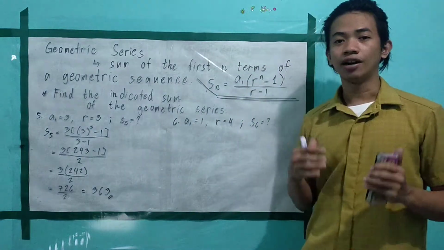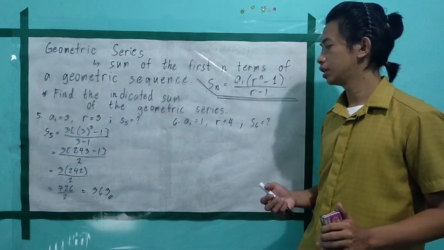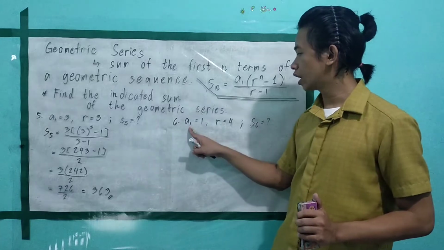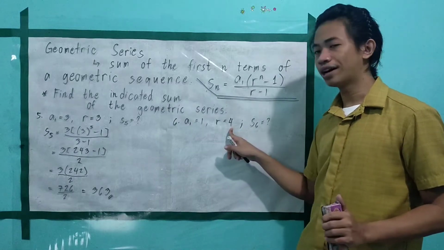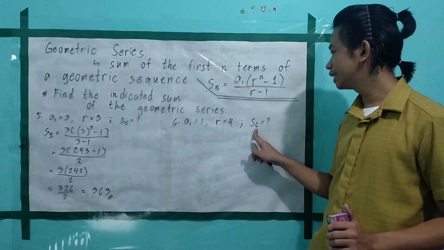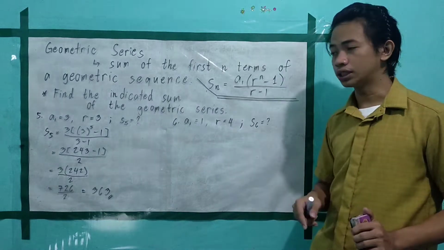Okay? Now let's proceed to problem number 6. In problem number 6, we have A sub 1 equal to 1 and the common ratio equal to 4. We are looking for the sum of the first 6 terms of a geometric sequence.